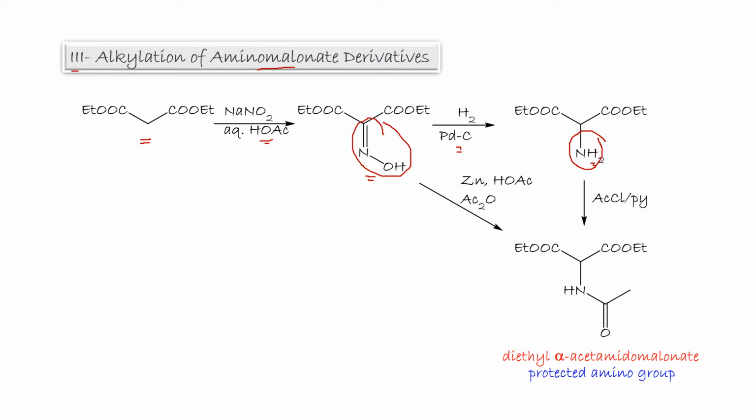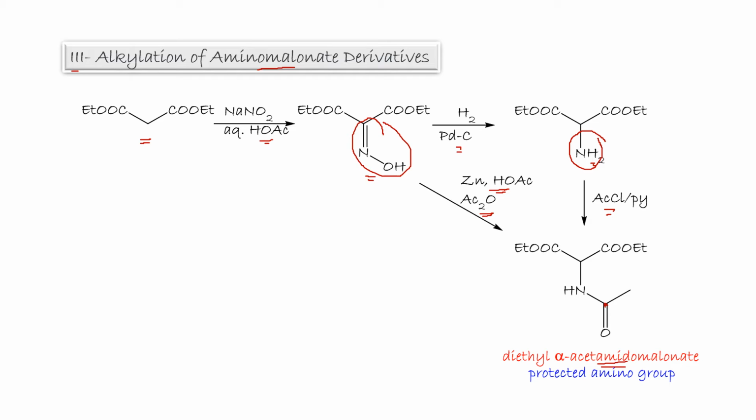Protect the NH via acylation using acetyl chloride and pyridine to give N-acyl. We can obtain the same compound in one step by reacting the oxime with zinc and acetic acid as a reducing agent and acetic anhydride as an acylating agent to form alpha acetamidomalonate.